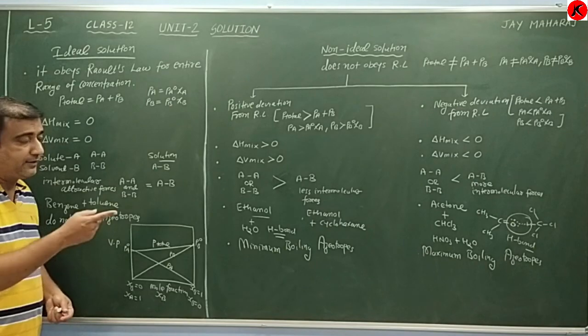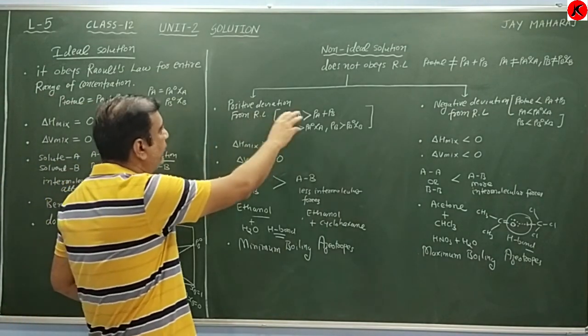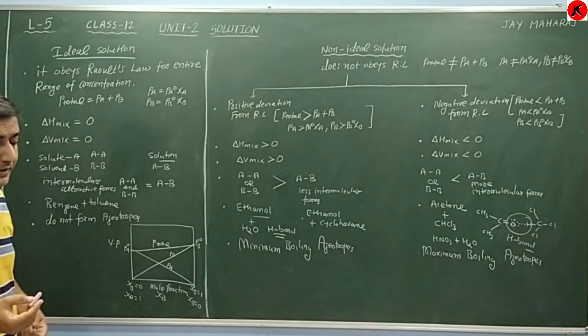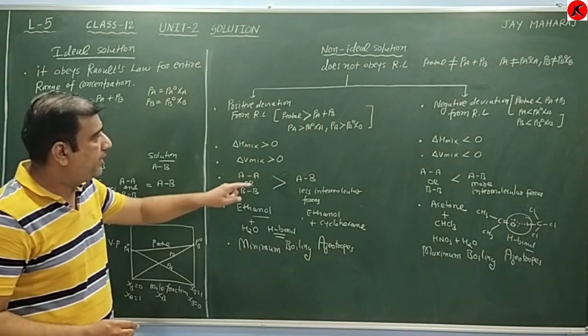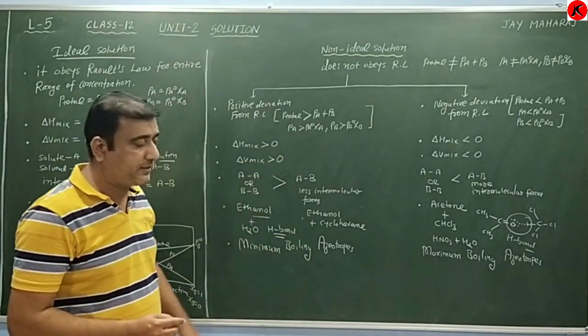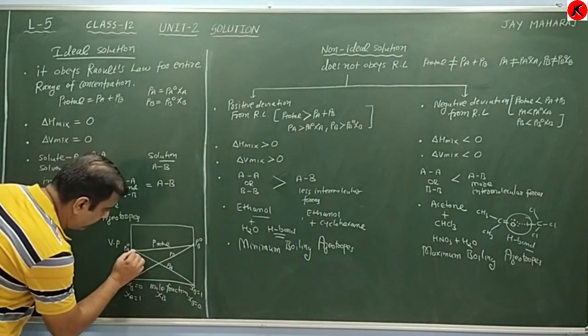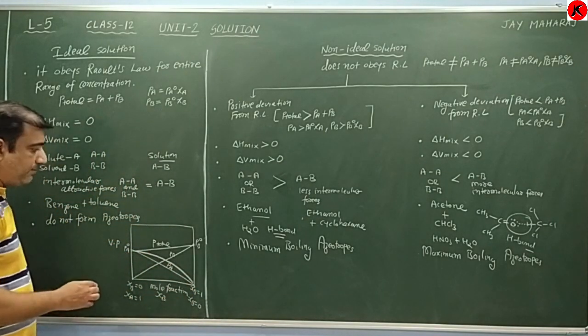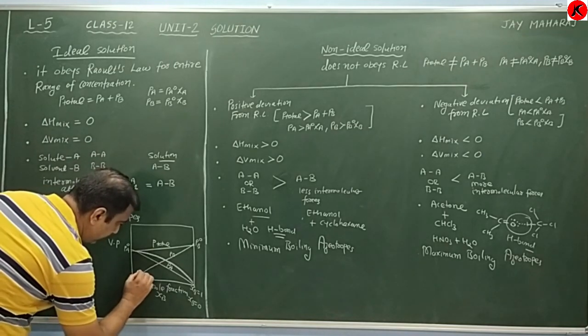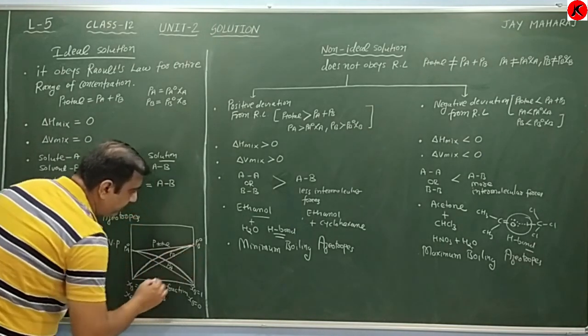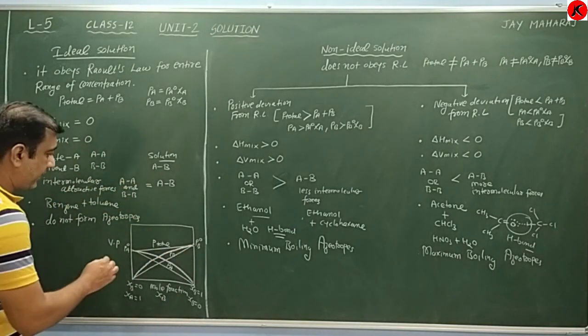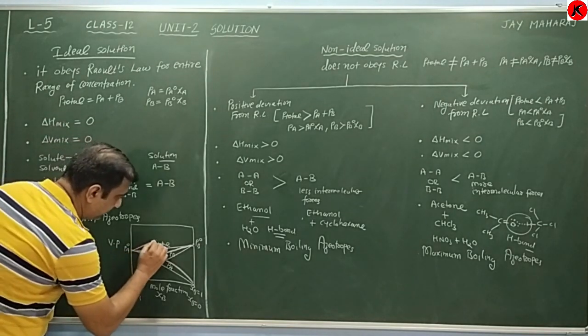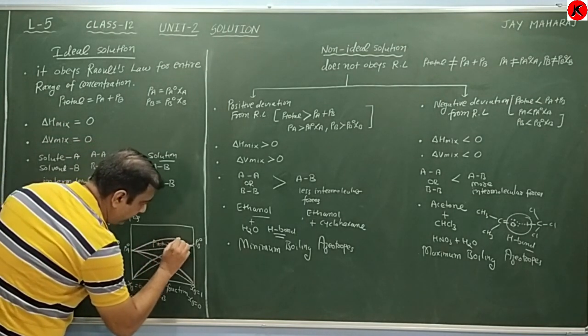Now for non-ideal solution, the positive deviation from Raoult's law and negative. Here PA is greater than PA0 XA, so it will be like this. Again PB0, it will be like this graph, and the P total increases.